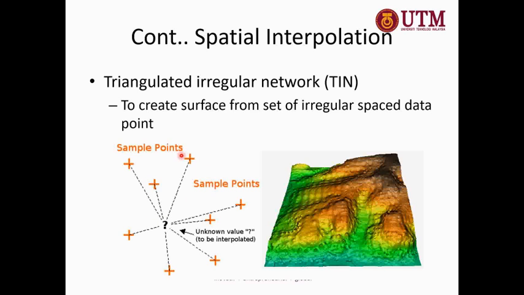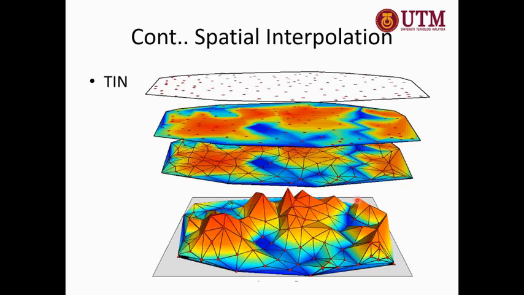So for example over here we have 1, 2, 3, 4, 5, 6, 7 points, and then they interpolate and give a value for this unknown point. So that's the meaning of interpolation. For example, we have a certain area, and then we interpolate and give data. So this is an example. This is the points that we collected. It's not regular, not in a straight line and so on.